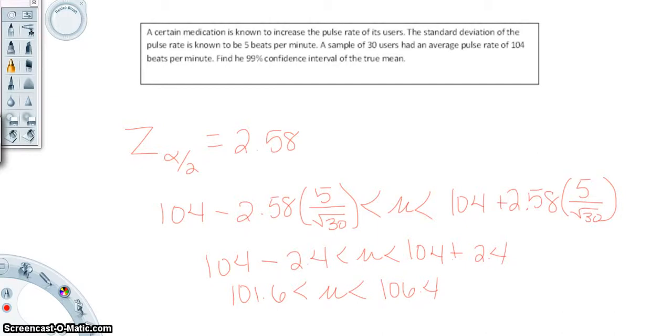So our confidence interval can be written like this, or it could be written as, hold on one second, rounded we get 102 is less than mu is less than 106, or 104 plus or minus 2 beats per minute, of course.